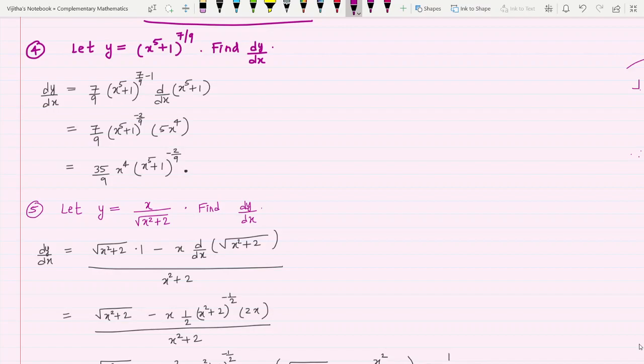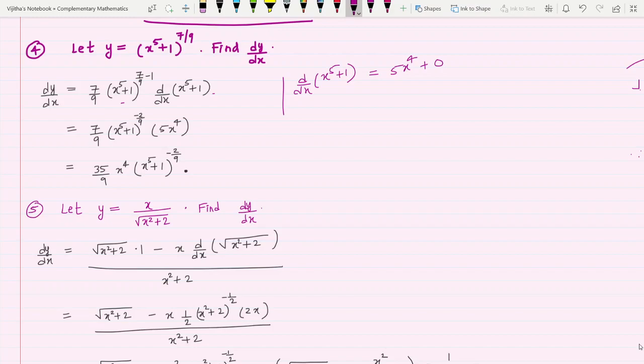So dy/dx is 7/9 (x^5 + 1)^(7/9 - 1) into d/dx of (x^5 + 1). So this is 7/9 (x^5 + 1) raised to 7/9 minus 1, so it is minus 2/9, times the derivative of x^5 + 1. The derivative of x^5 is 5x^4, plus the derivative of 1, which is 0.